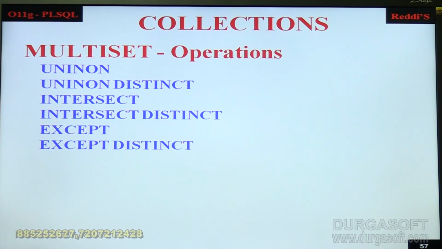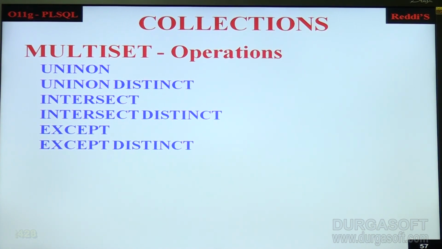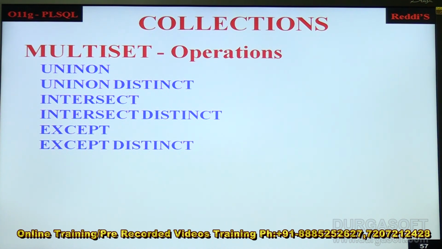Multi-set operations are used to combine arrays or collections. Like with tables, we can join 2 tables or combine the results of 2 queries. Similarly, when we want to combine the values from 2 collections, we use multi-set operations.